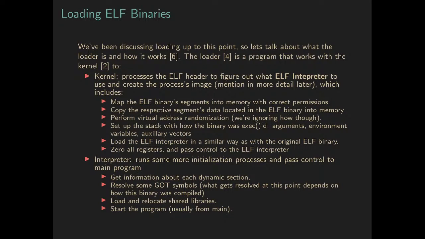This interpreter is actually another program that does some more initialization and helps resolve all the shared libraries that the ELF binary uses. For example, most binaries use the standard C library, or glibc, and the interpreter helps resolve that so that we know where to find the standard C library.